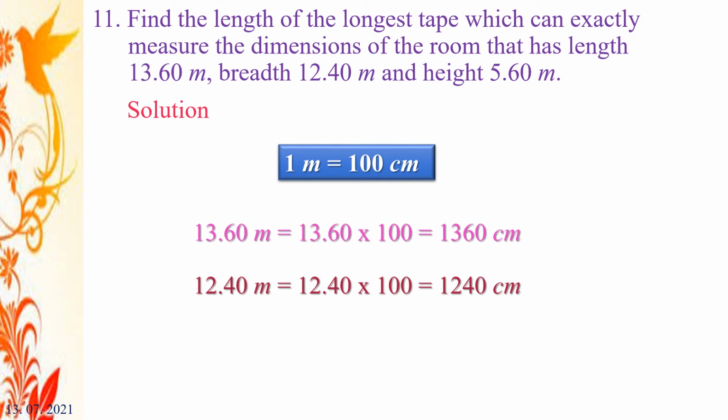Then 12.40 meter, multiplied by 100, we'll get 1240 centimeter. Then take 5.60 meter multiplied by 100. That means we convert into centimeter. We'll get 560 centimeter.